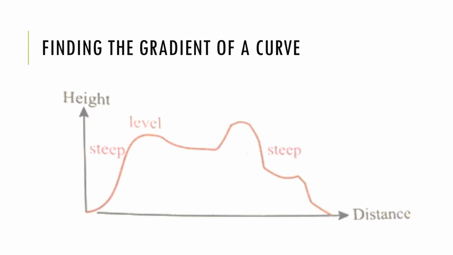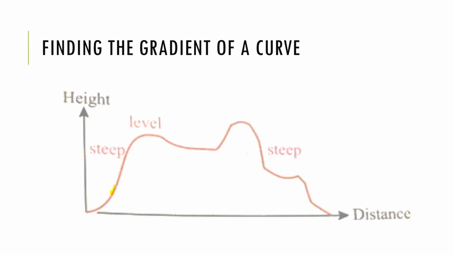We understand that when two lines or two curves are parallel, they will have the same gradient. Okay, so in here we have this simple graph, and we see that we have different gradients, right?